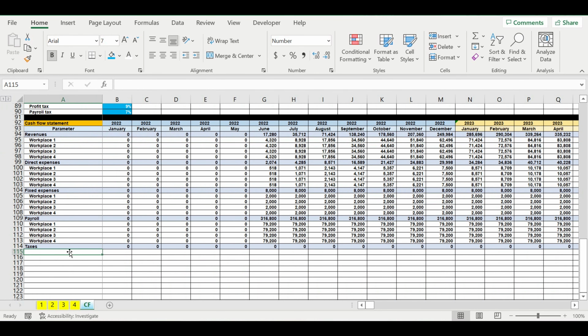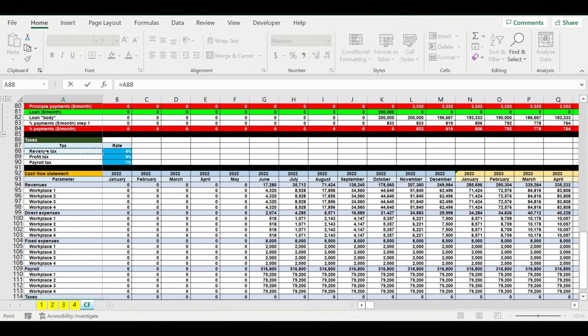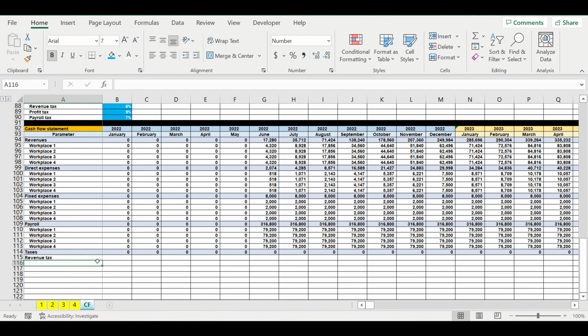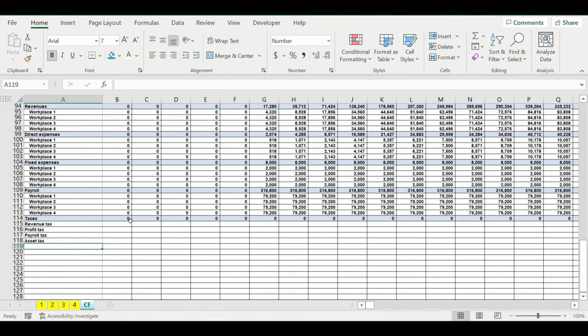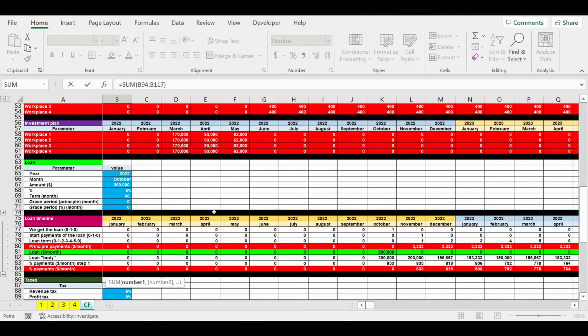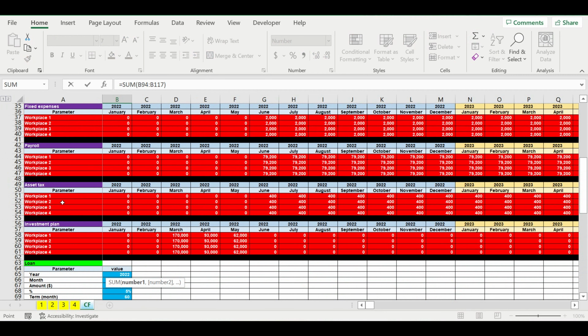So we are moving to taxes, adding these taxes plus asset tax. The asset tax will be the total from this.